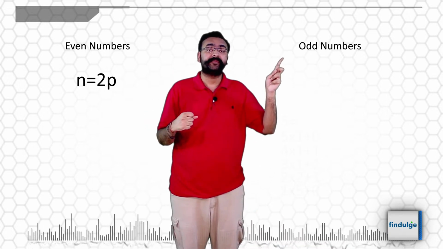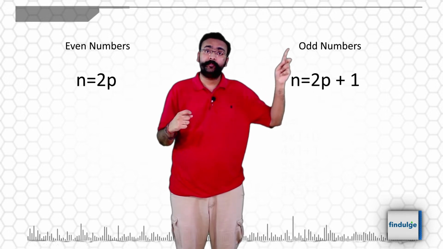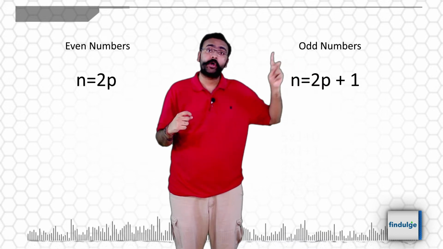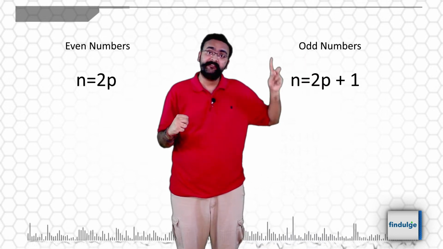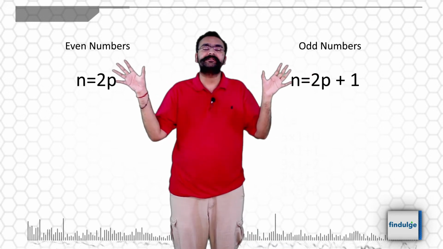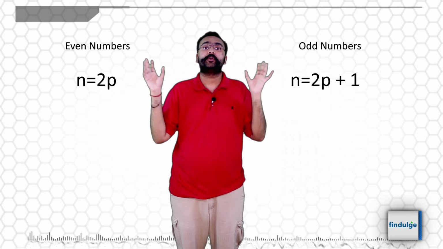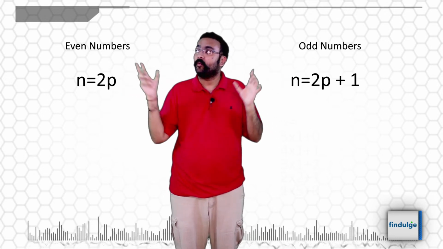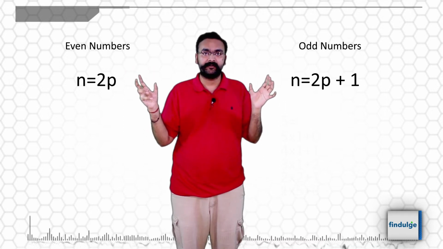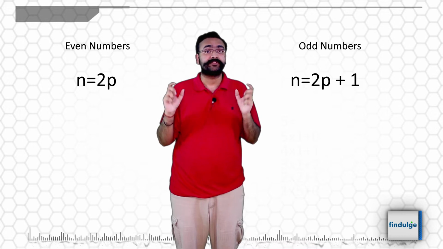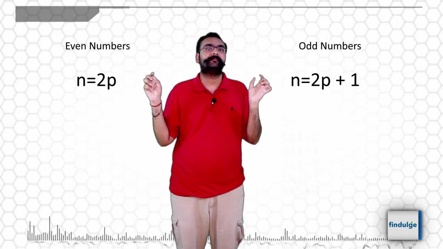And an odd number can be represented as 2p plus 1. Because now we can see this is not divisible by 2. It will leave a remainder of 1. So hence defining numbers using Euclid's algorithm or Euclid's definition helps us understand what is a number, an integer, and how I can represent them. So let's see how we can apply this concept in some questions.